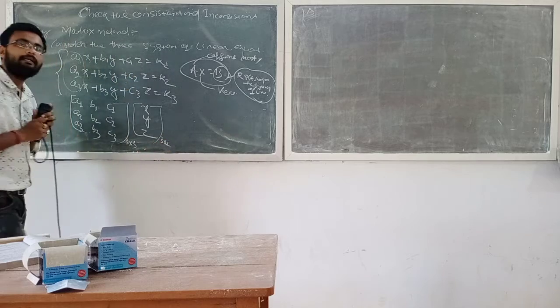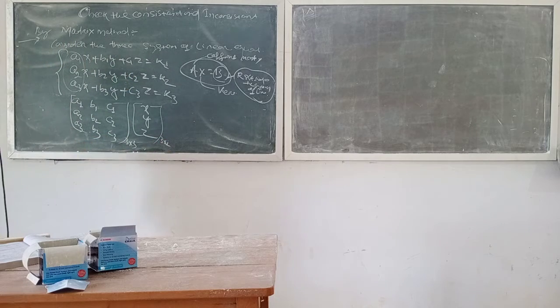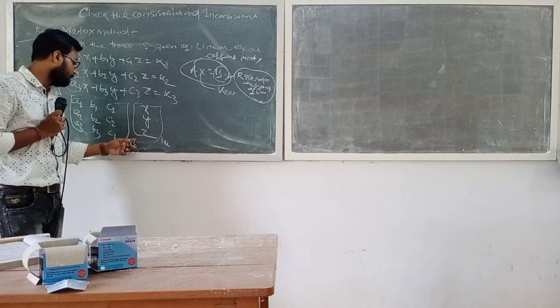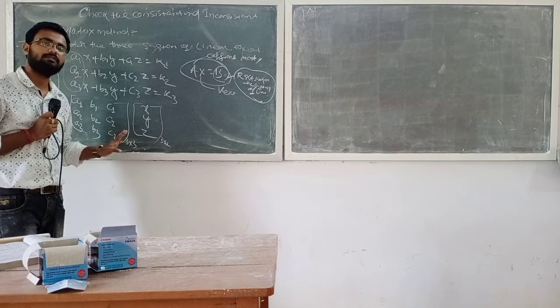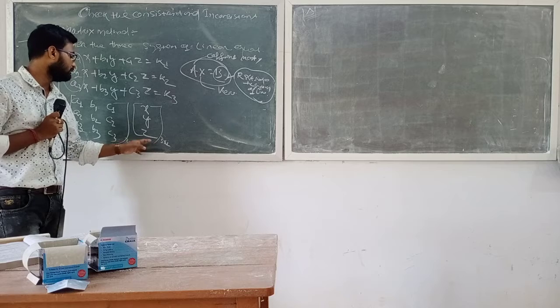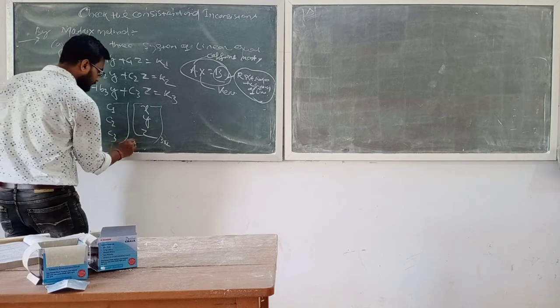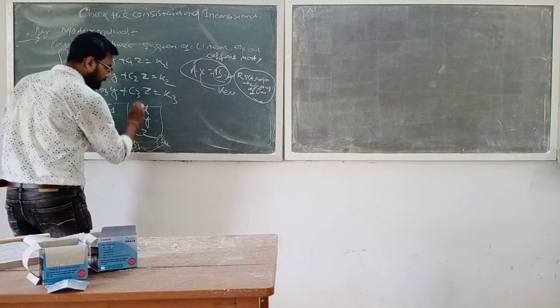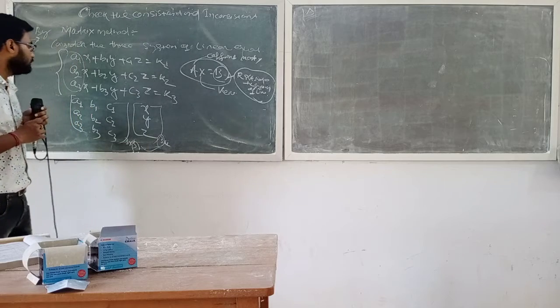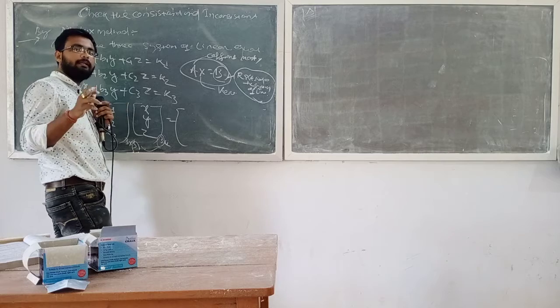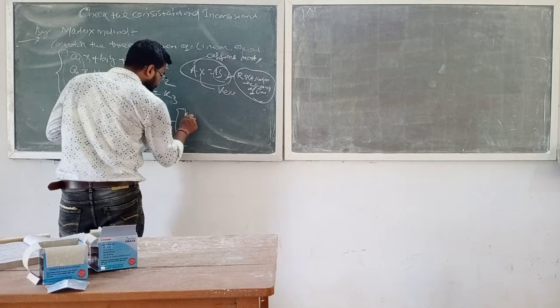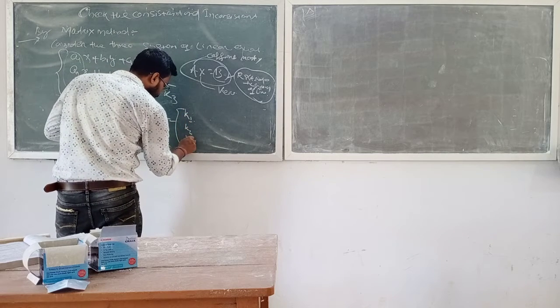Matrix multiplication is possible because the number of columns of the first matrix equals the number of rows of the second matrix. This equals B, also a column matrix, K1, K2 and K3.